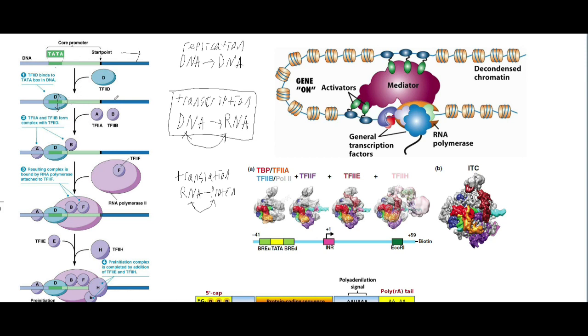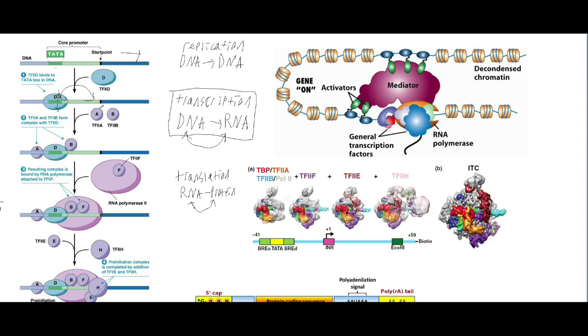Well, TF2D has a bunch of other functionalities, or even hypothetical functionalities. It's not fully understood. In fact, the structure of TF2D is actually touching two different parts of the DNA, so it has this sort of arc here. It's a very large protein.